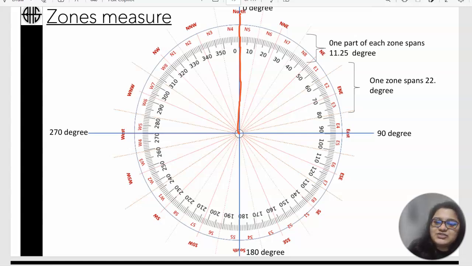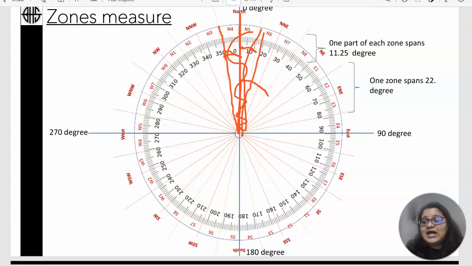But when we understood a while back that the north or any directional line must be in the center of the zone, we would not be considering 22.5 like this, but rather half of 22.5 before the north directional line, that is 11.25 before the north directional line, and similarly 11.25 after it. So my actual north zone would be this particular zone, so this would become my north directional zone.